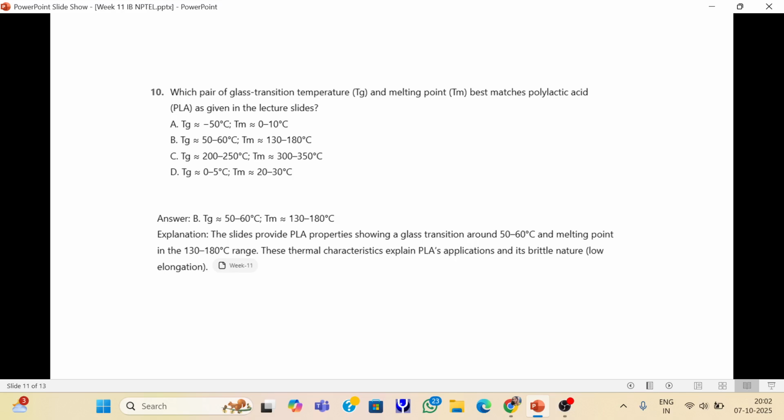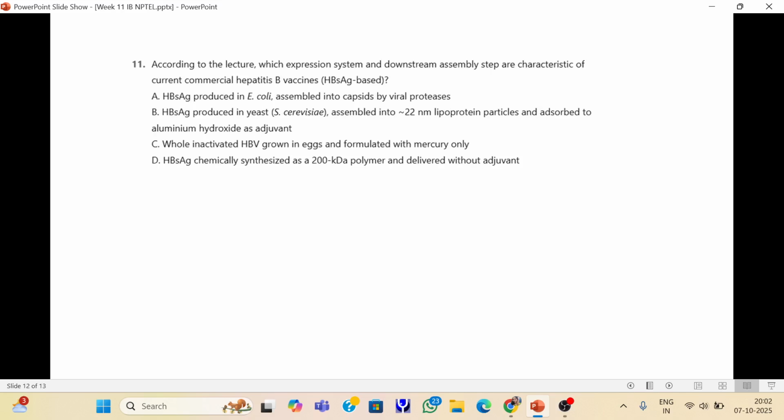Moving on to the next question. According to the lecture, which expression system and downstream assembly step are characteristic of current commercial hepatitis B vaccines? A. HBsAg, the hepatitis B vaccine produced in E. coli, assembled into capsids by viral proteases.